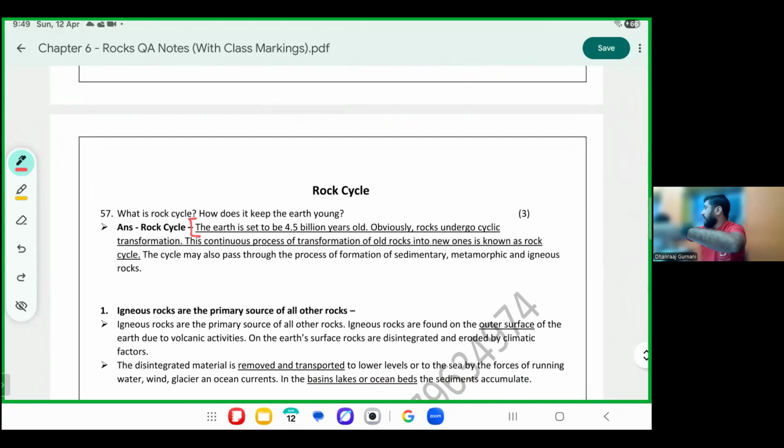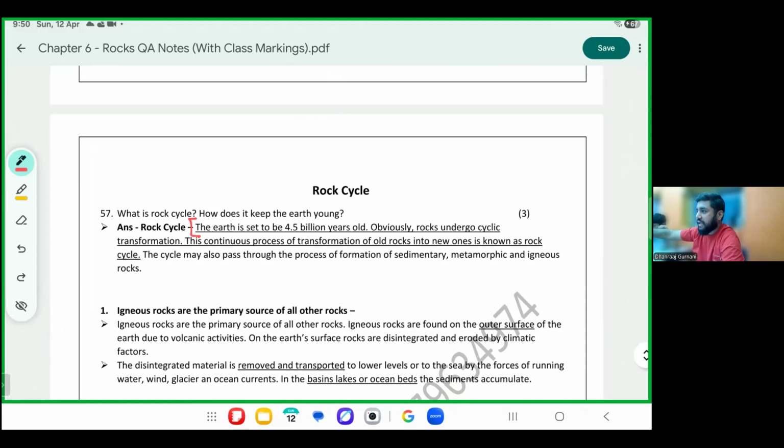For example, let's say the rock became igneous when a volcanic eruption happened. After that, it cooled down, it broke into sediments, it got transferred from place A to place B. There it went under heat and pressure. So igneous turned into sedimentary, sedimentary turned into metamorphic. This took millions of years, and suddenly after millions of years, the lava comes again.